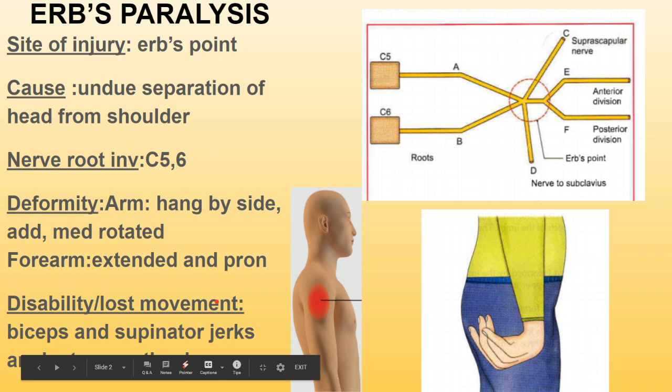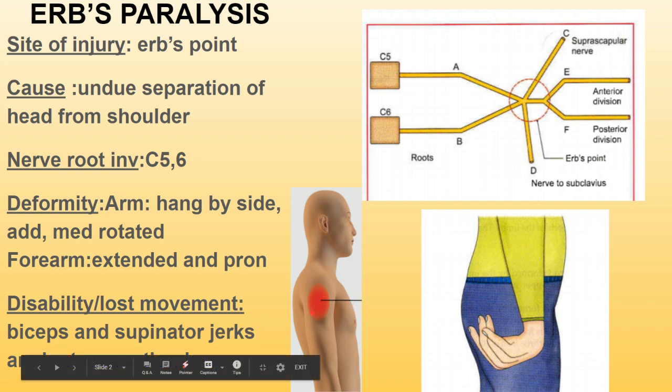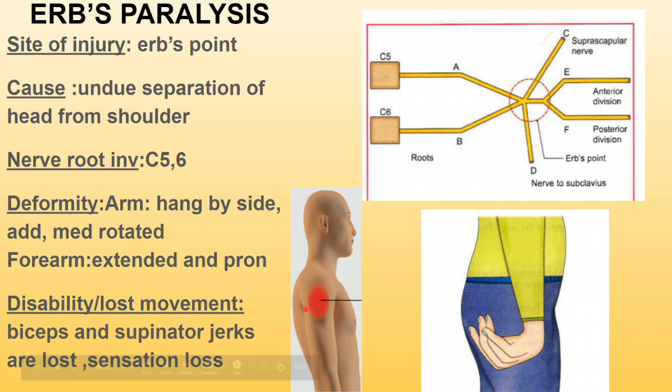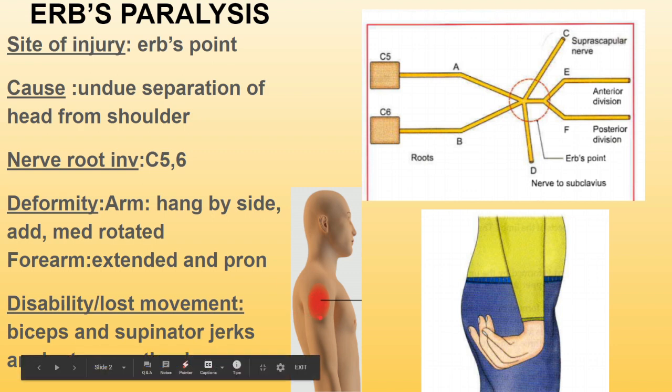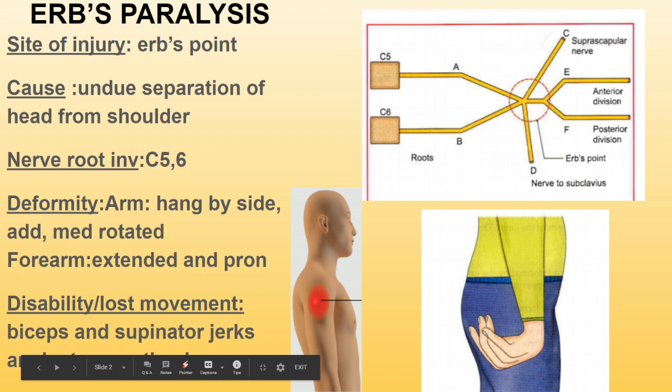Also the biceps and supinator jerks are lost, and sensation loss occurs mainly at this point. This point is known as the regimental point, or the regimental badge. Over here the deltoid muscle is present. The sensation is lost over a small area over the lower part of the deltoid muscle.